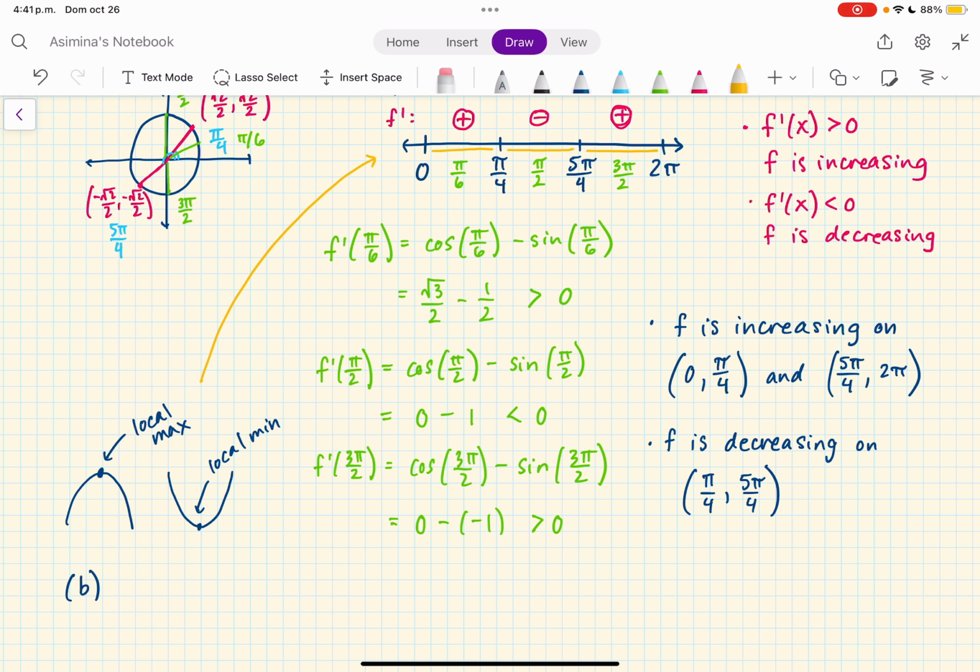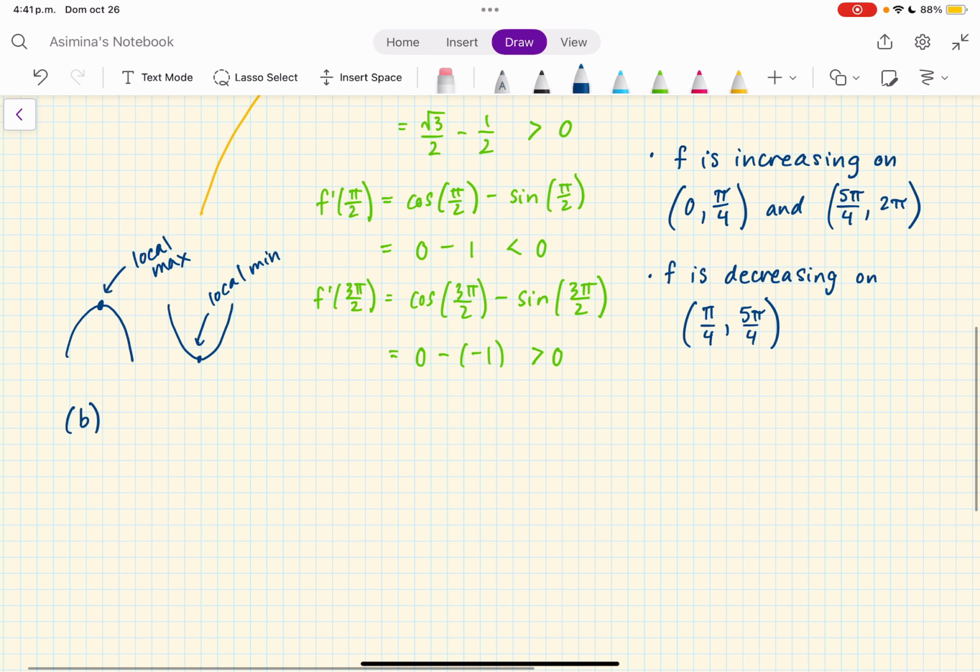Well, first we have the derivative going from positive to negative, and that change occurs at the point x equals pi over 4. So that means that pi over 4 is going to be a local max. So there's a local maximum at x equals pi over 4.